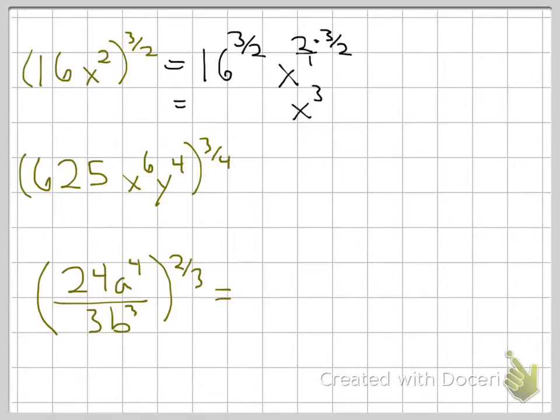Now 16 to the 3 over 2. What root am I going to take of 16? Square root, third root. Which one? Square root. So that's going to be 4. And then 4 to the third. 64. So it's 64 x to the third.